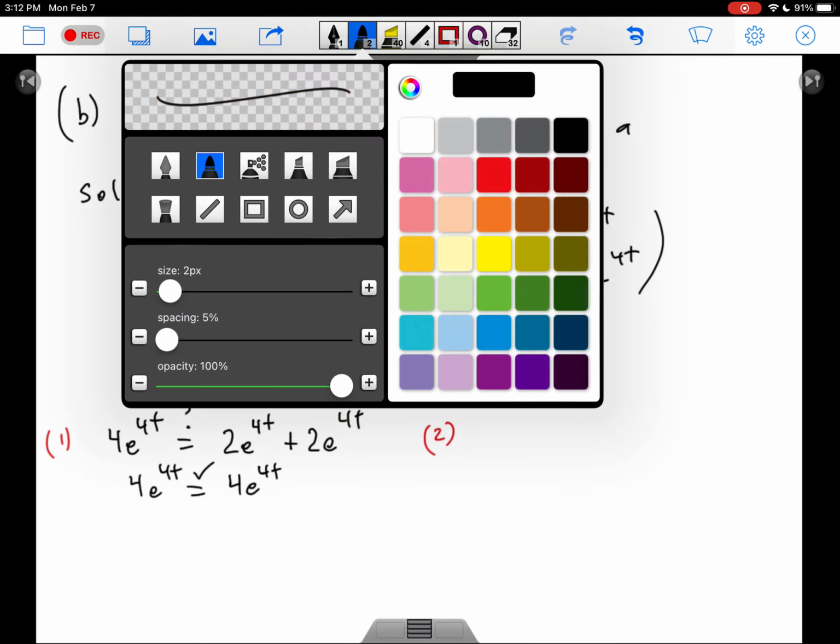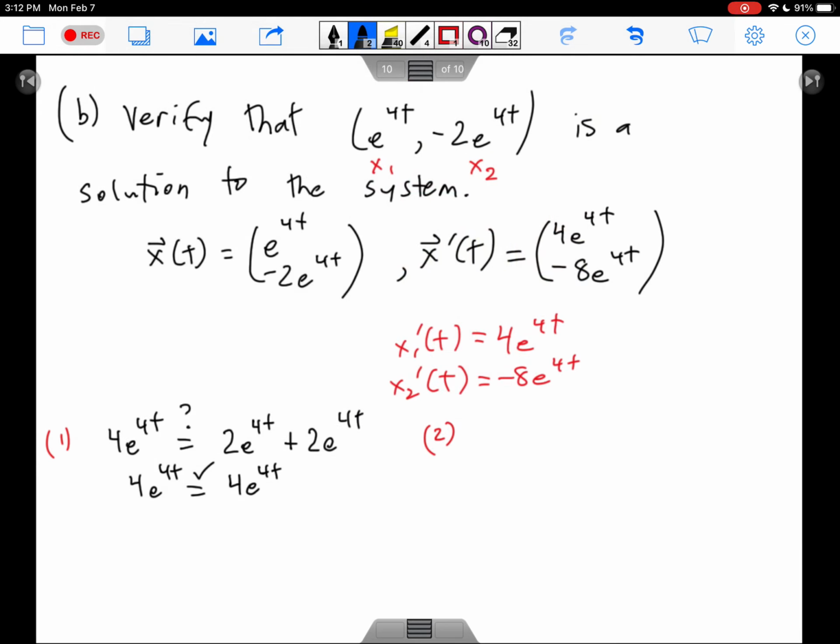Now let's try equation 2. Remember, that equation was x2 prime of t, so we're going to write negative 8e to the 4t equals, and then we have to multiply negative 2 times the first function, so that's negative 2e to the 4t. And then plus 3 times the second function.